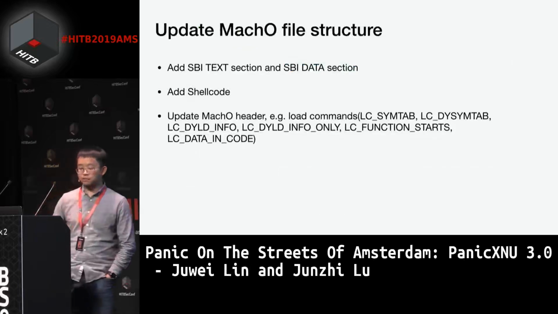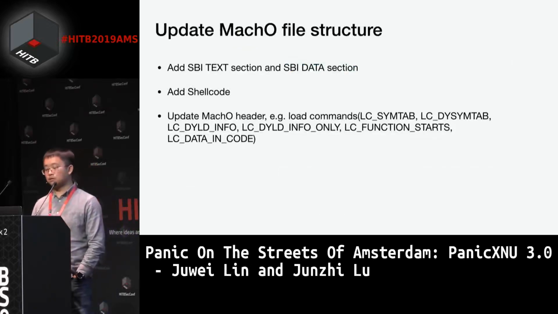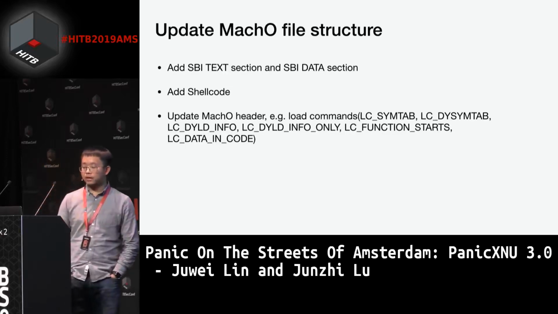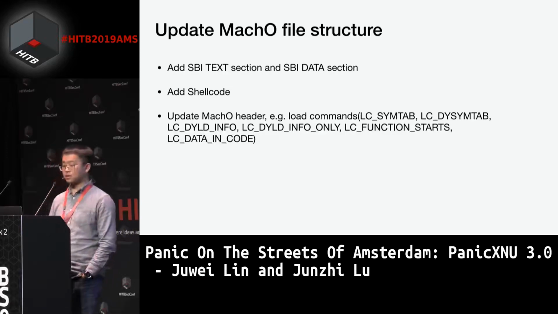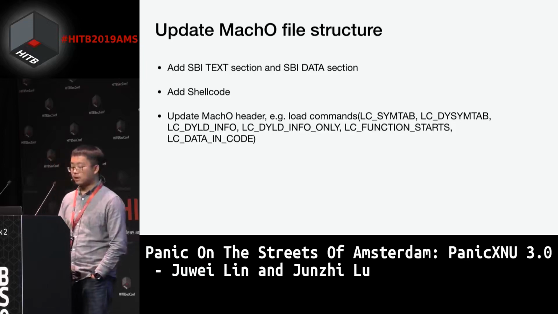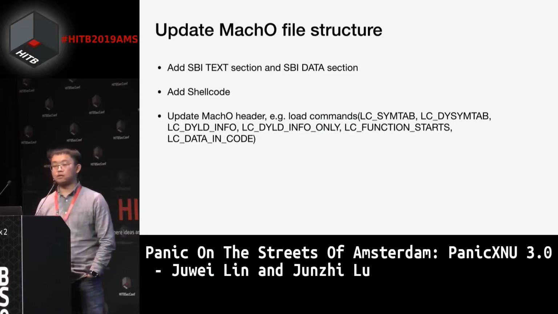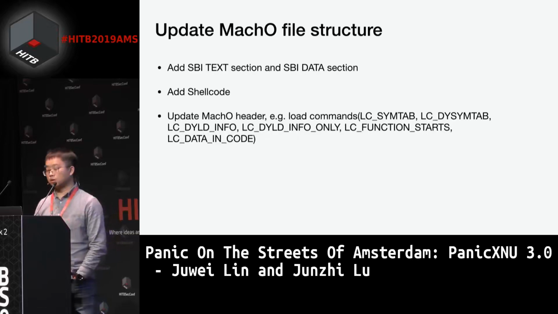Okay, the final part is to update the macho file structure. We need to add the SBI text section and SBI data section, and we also need to add the shellcode to do whatever you want. And for the existing macho header, you must update the offset and the address.